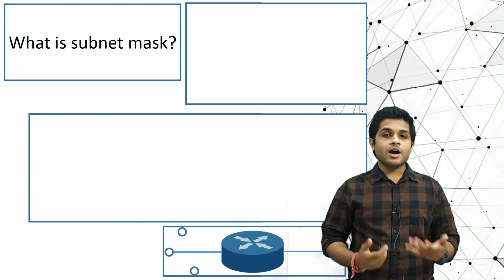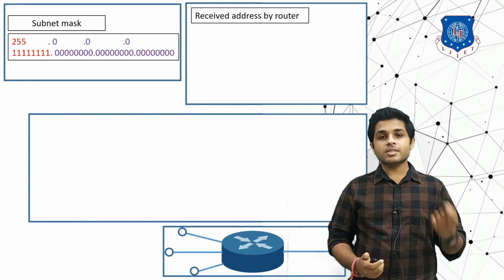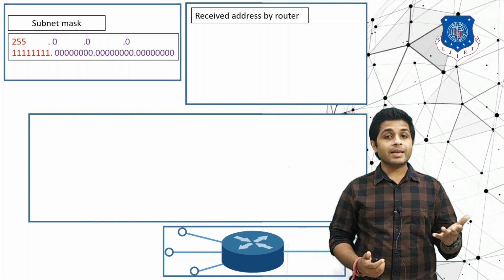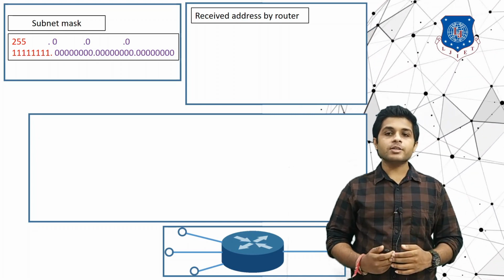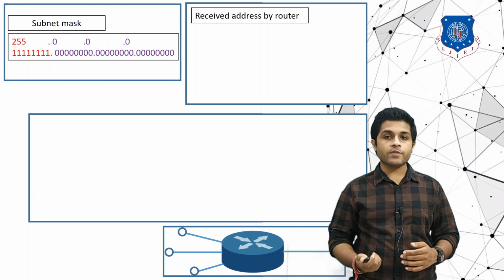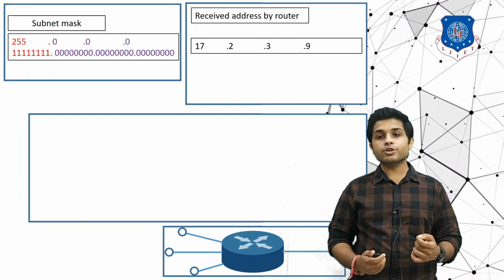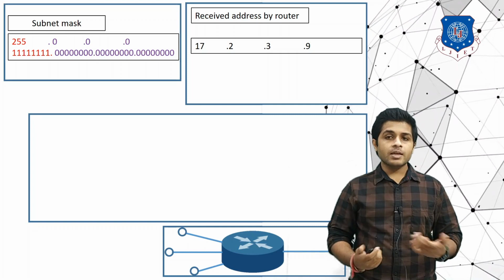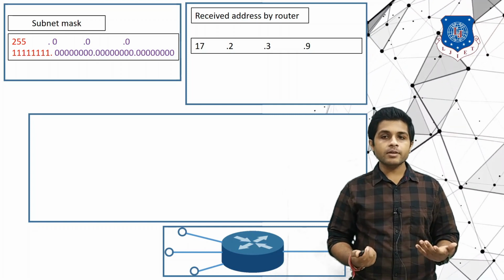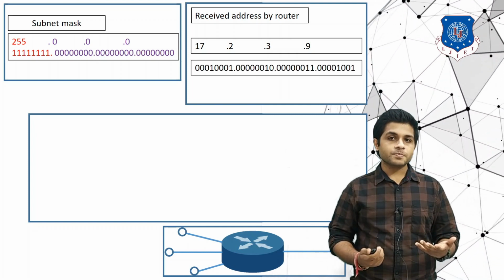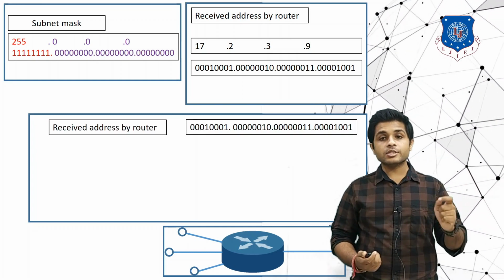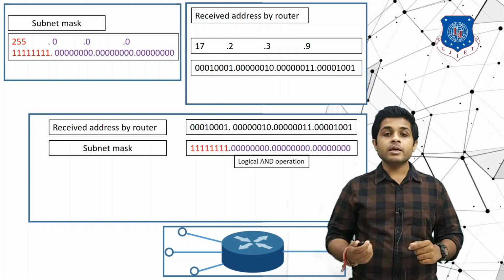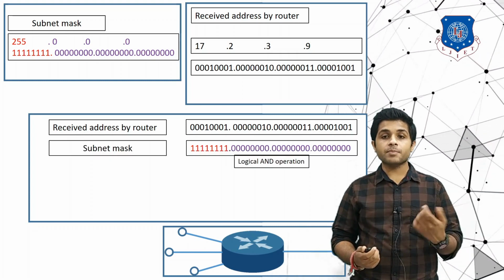Let's see how it works. This is the subnet mask that we found for class A, which is 255.0.0.0. Suppose the router receives the class A IP address 17.2.3.9. Let's rewrite this IP address in binary. The first is the address received by the router in binary, and the second is the subnet mask.